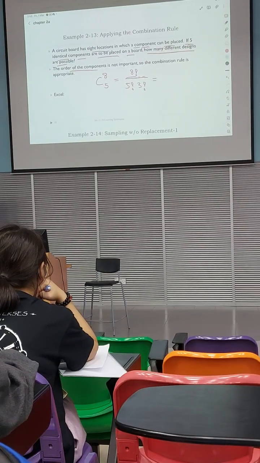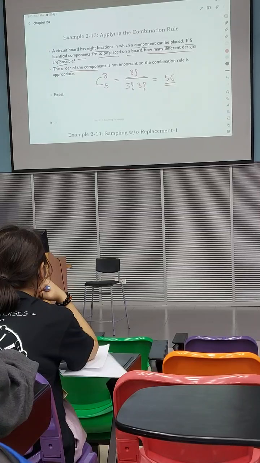The answer you get is 56 possible designs. Of course, in Excel you can use equals COMBIN. 8 choose 5, you should get the answer equal to 56 as well.